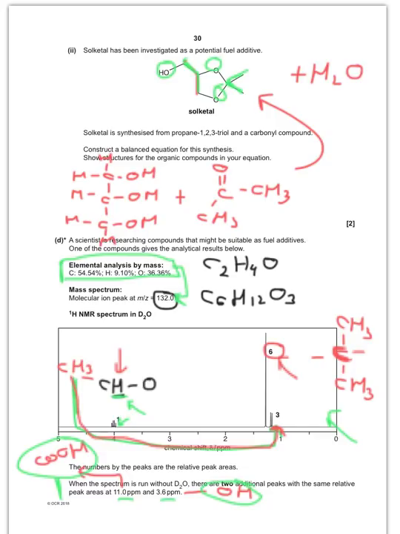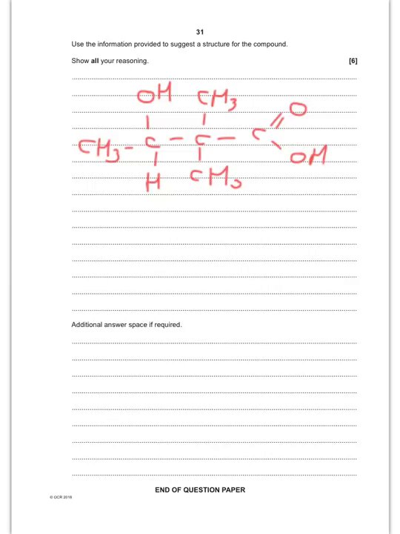So you can do this in various ways, and I can show. So what I've done is, this is your group that we had here, your CH3 next to a CH. Then next to that you can have this group here, which we found.